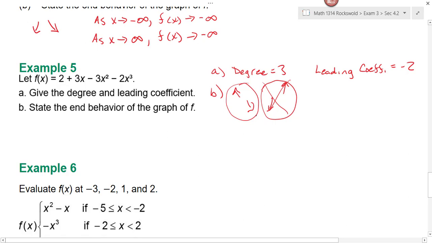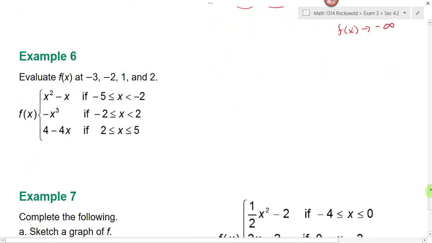How would you write that using the arrows and the approaching notation? So we would have as x approaches negative infinity, what is f of x doing? It goes to positive infinity. And as x approaches positive infinity, f of x is approaching what? Negative infinity.